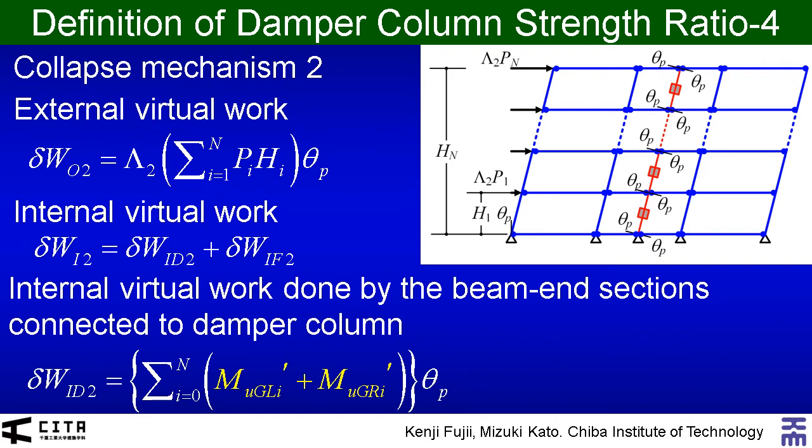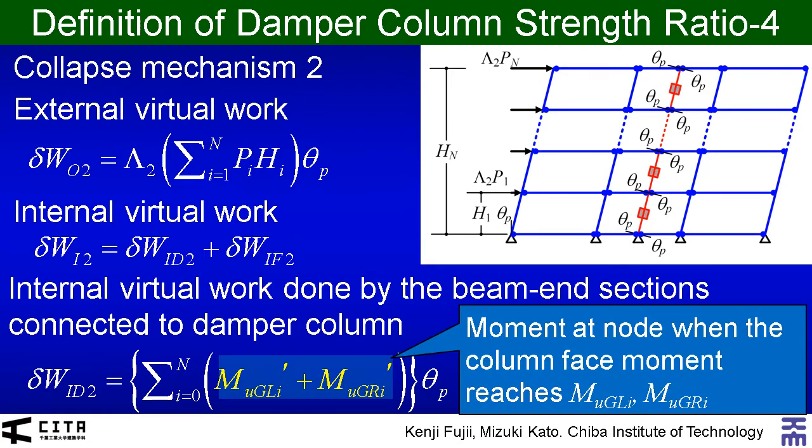The internal virtual work done by the beam end section connected to damper column is calculated as shown here. In this equation, this is the moment at node when the column face moment reaches its ultimate strength.